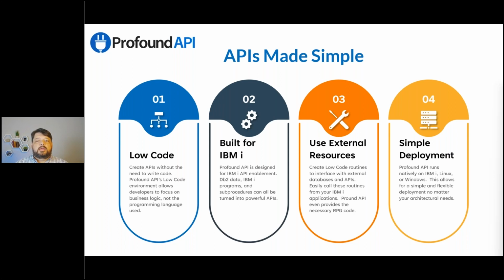You can run it on a Linux partition or on Windows. Maybe on your Power system, you've maxed out your IBM i licenses and you're using all of your resources available there, but maybe you have some unused resources and you want to carve out a Linux partition. You can do that, or you can run it in the cloud. It can be run anywhere, which makes the deployment very flexible, but because it's just a Node.js application, it's also very simple.